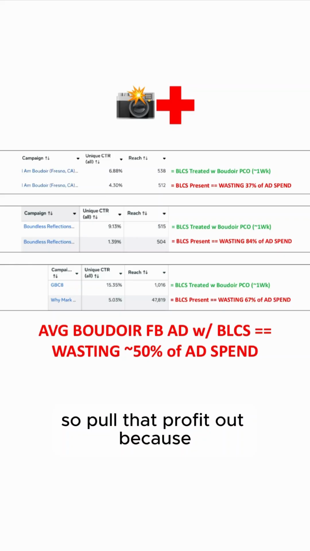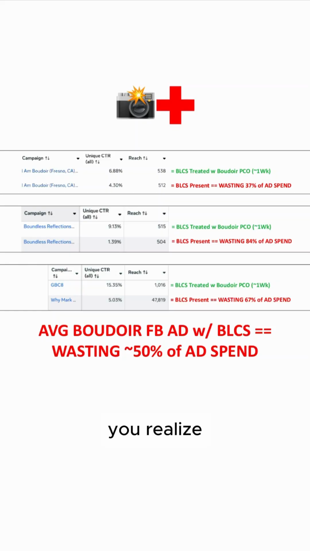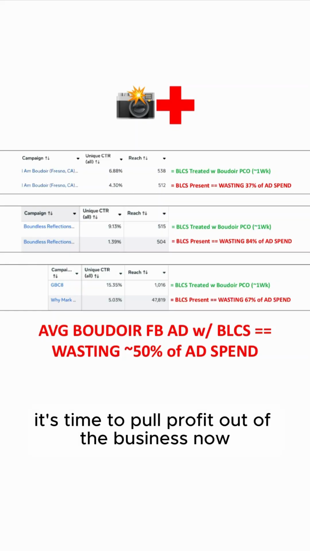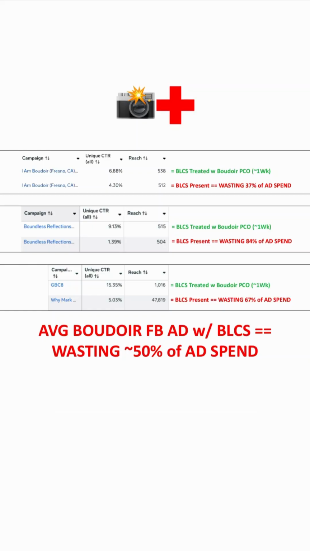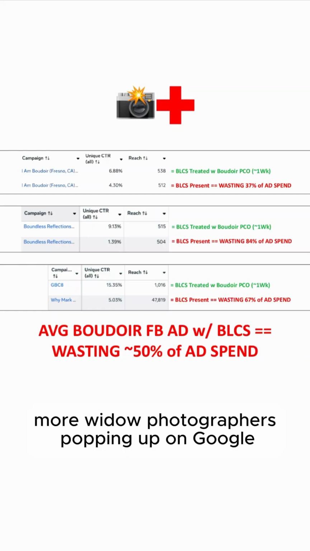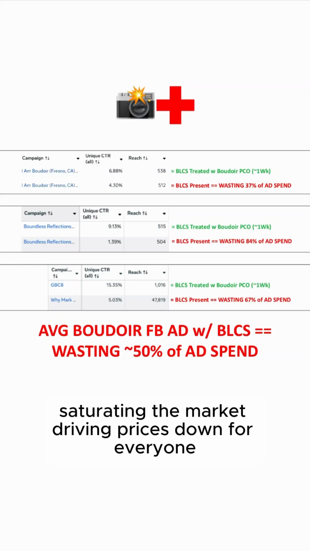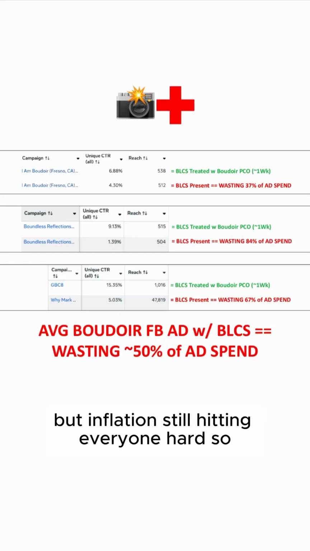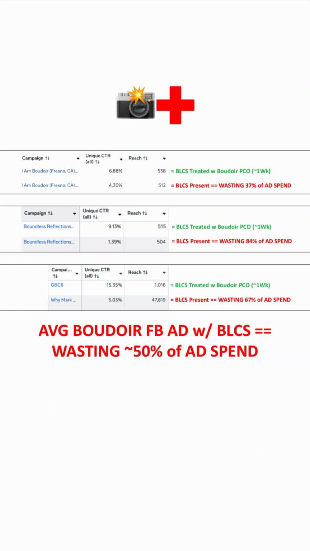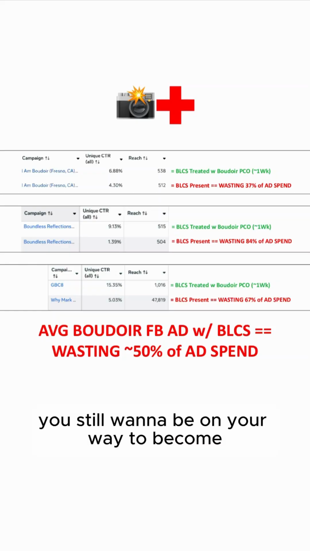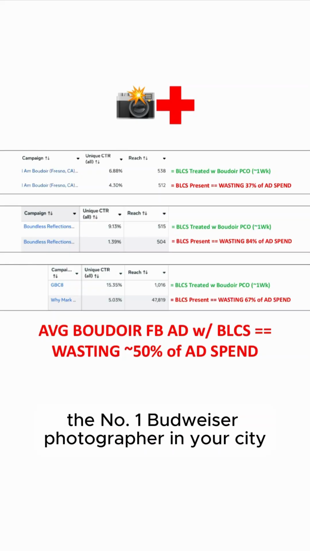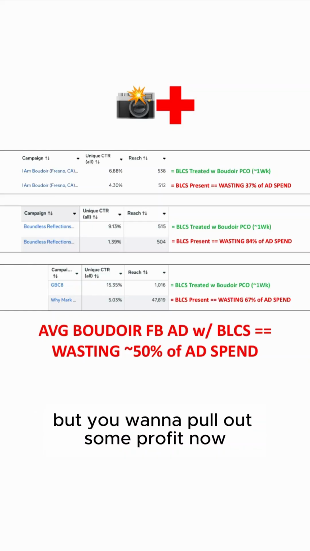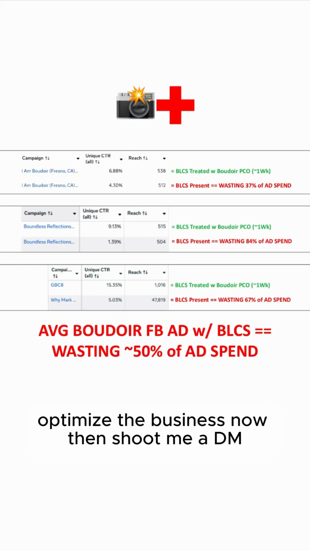So pull that profit out because you realize it's time to pull profit out of the business now, because more boudoir photographers are popping up on Google My Business profile, saturating the market, driving prices down for everyone, but inflation's still hitting everyone hard. So you still want to be on your way to be number one boudoir photographer in your city, but you want to pull out some profit now, optimize the business now.